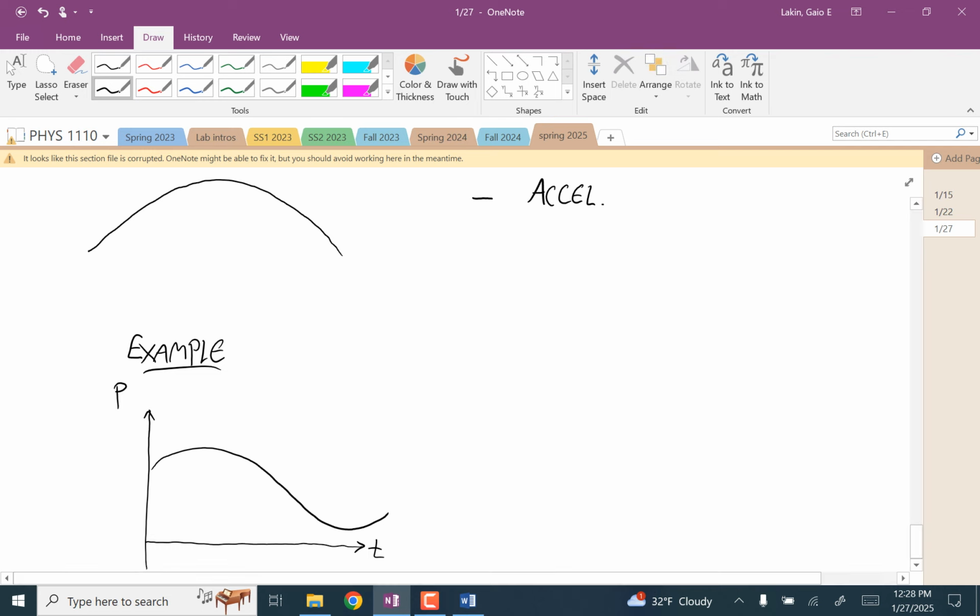Okay, and let's call this point A and this point B. And I guess we might as well think of this in the real world. So let's say in the real world, this represents a motion up and down, and let's say we've chosen our positive to be down and our negative to be up.